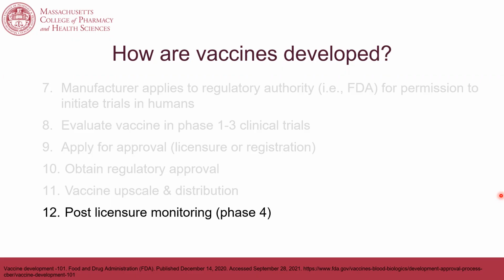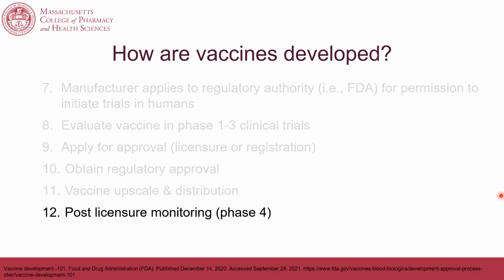And one important thing in the phase 4 phase, where the vaccine's actually already in the public and pharmacists are already vaccinating people with the vaccine, is the VAERS program, called the Vaccine Adverse Event Reporting System. This is a really important system that's managed by the FDA and CDC to monitor adverse reactions that occur in the real world.